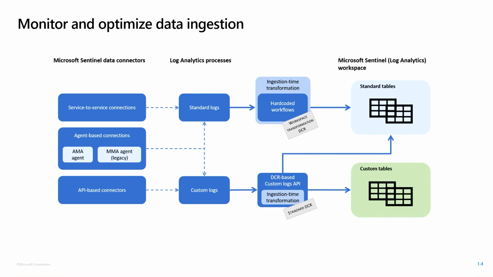Knowing how to monitor the health and performance of data ingestion pipelines is important. This includes identifying and resolving issues that may arise during the ingestion process, and you should know techniques for optimizing data ingestion, such as reducing data volumes, filtering unnecessary data, and applying transformations to improve the quality of data and relevance.